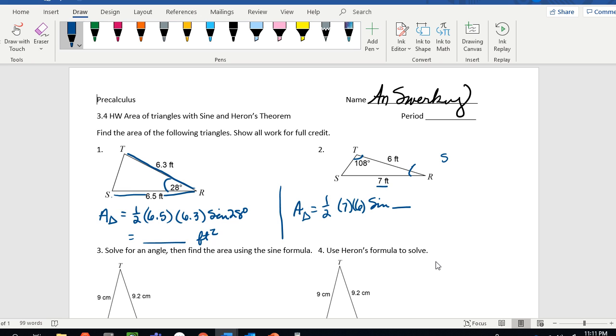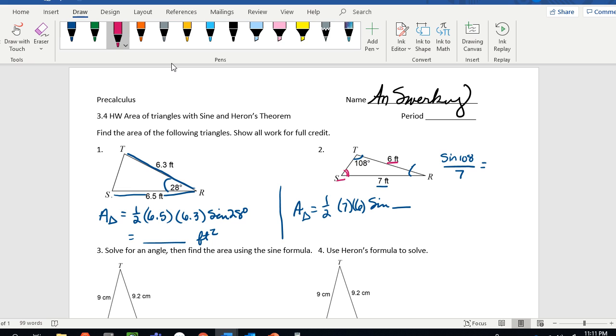So over here to the side, I am going to go ahead and find the angle R. So I'm going to say sine of 108 over 7 equals, you know what? I can't find R. Oh my goodness. 6 is across from S. So I'm going to color code this so you can see it. 6 and S are the two that are together right here.